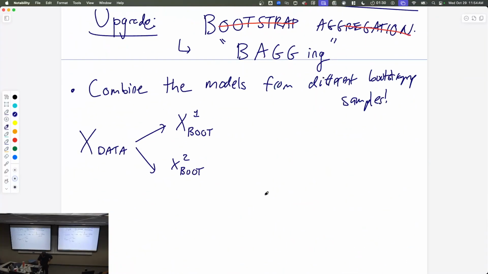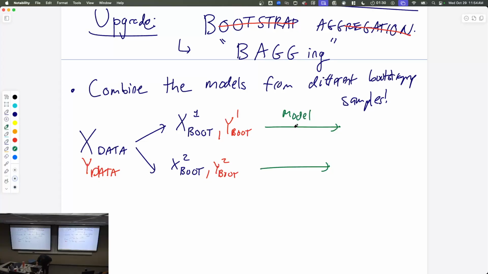And then we can use these to model. If we have X data and Y data, let's add that on. We have the bootstrapped data in the X's and the Y's. Then we can model. Let's do a model for each using the data, e.g. linear regression, and we get some function.